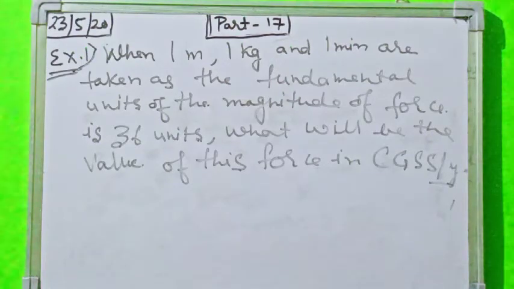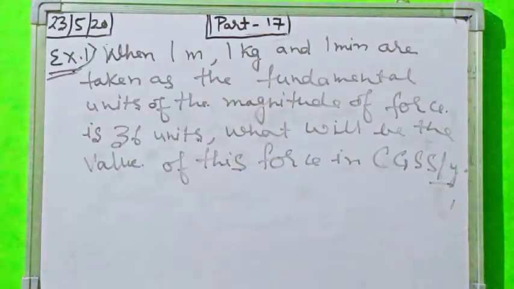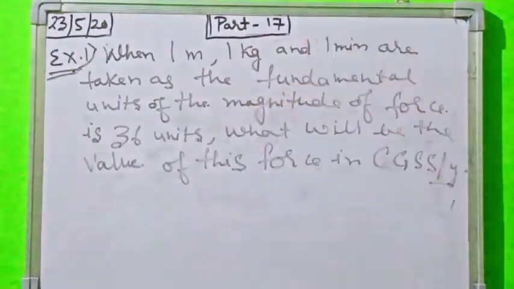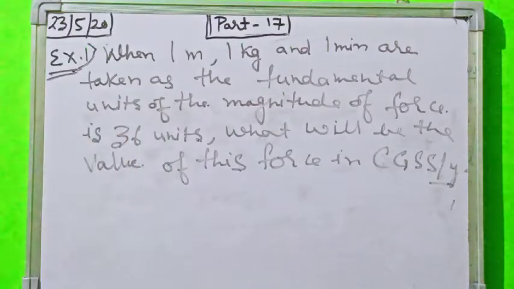In the given system, that is an SI-like system, length is measured as 1 meter, mass is measured as 1 kg, and time is measured in 1 minute, taken as fundamental units, and the numerical value in the first unit is 36, that is n1 is equal to 36.